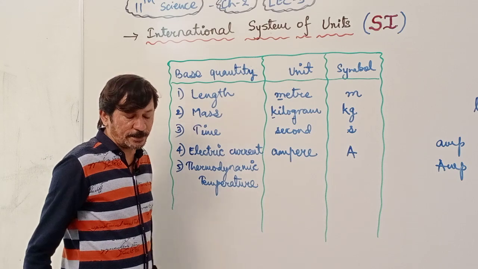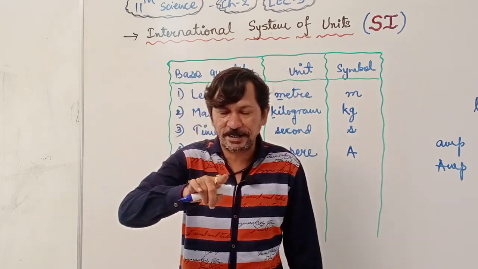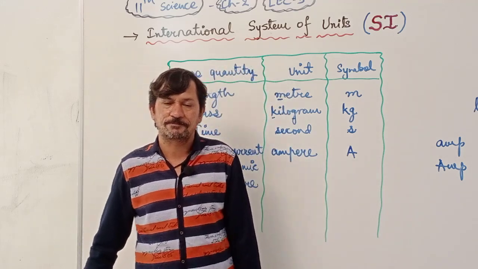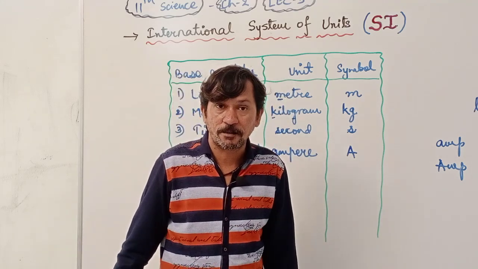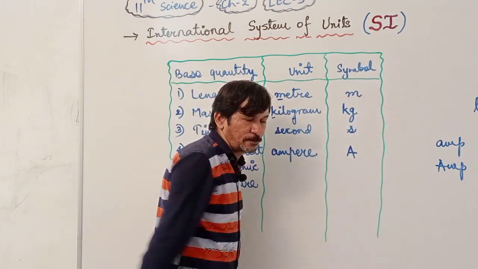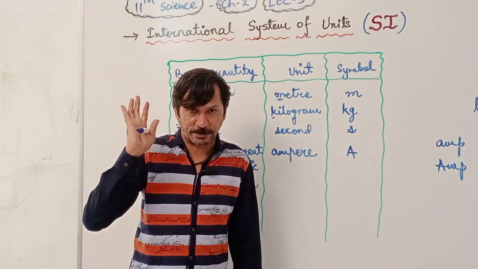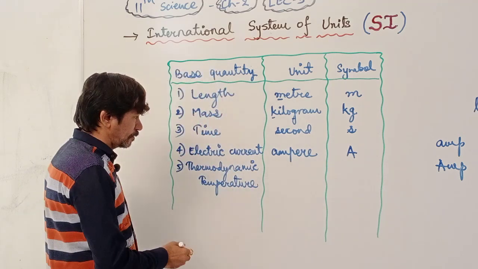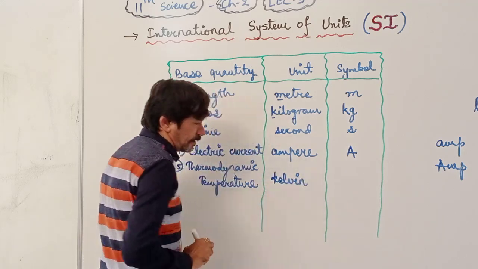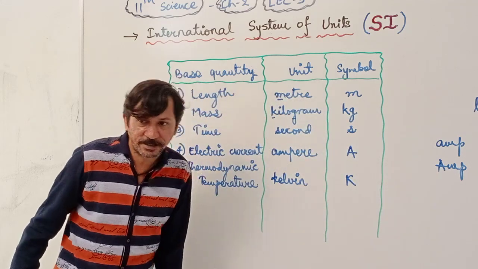Temperature is measured in degree Celsius, in degree Fahrenheit, and in Kelvin. So there are 3 units. But in SI, temperature is measured in Kelvin only, and its symbol is capital K.